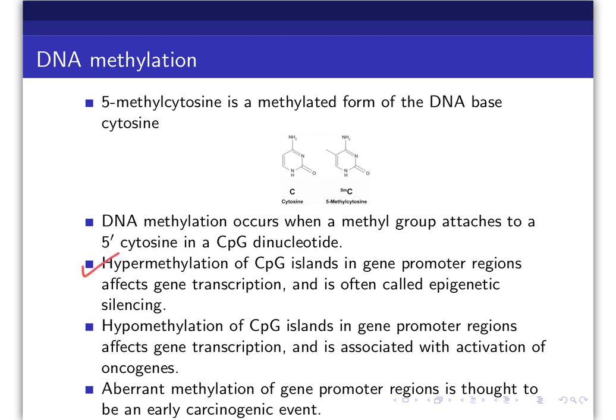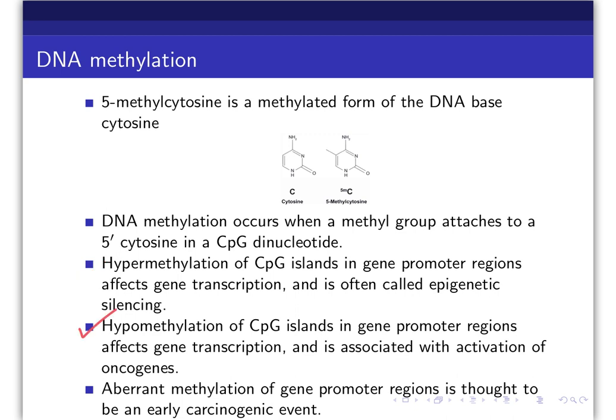That is, hypermethylation of CpG islands in gene promoter regions is thought to affect gene transcription and is often called epigenetic silencing. In fact, CpG island hypermethylation has been described in almost every tumor type. The precise mechanism by which hypermethylation represses transcription is not clear, although empirical observations have led to the following two hypotheses: that methylation itself blocks the binding of transcription factors, and/or methylation modifies the chromatin structure, which in turn blocks access by transcription factors.